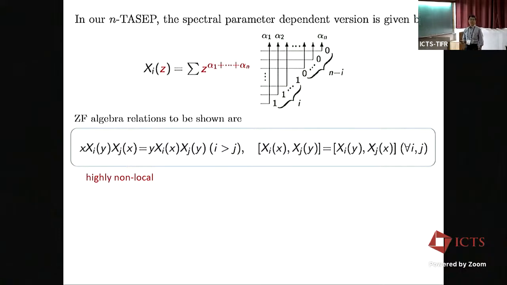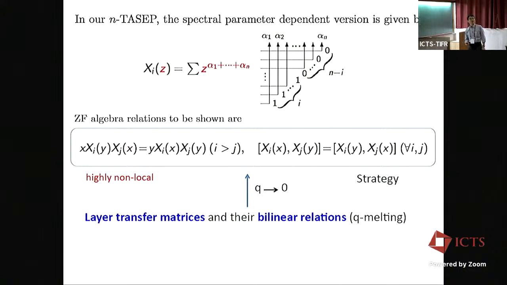This is very non-local. So we take the following strategy. First, we generalize the problem by bringing Q back. So that's Q melting. And this CTM becomes a layer transfer matrix. And these relations are generalized to their bilinear relations. Still, it's non-local.